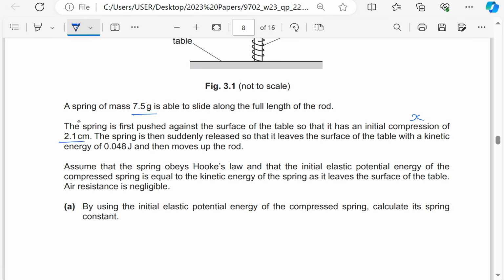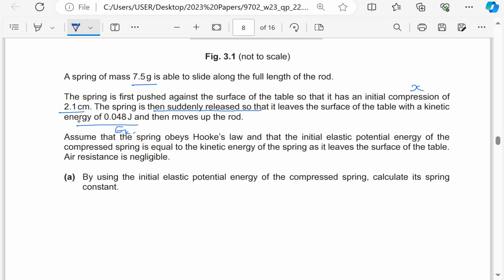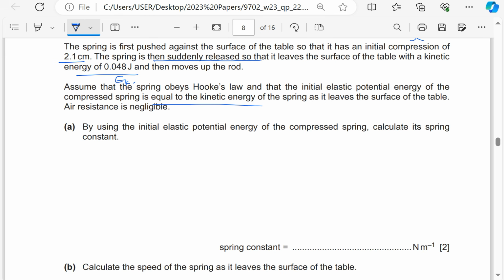The spring is then suddenly released so that it leaves the surface of the table with kinetic energy 0.048. So this is the initial kinetic energy. Assume that the spring obeys Hooke's law and the initial elastic potential energy of the compressed spring is equal to the kinetic energy of the spring as it leaves the surface of the table.